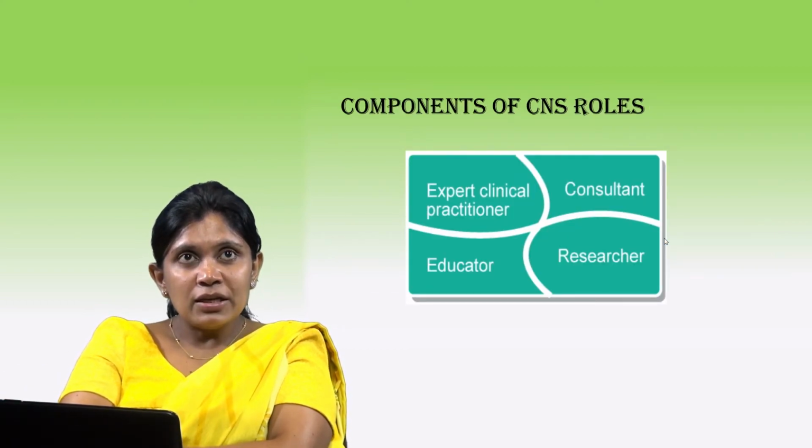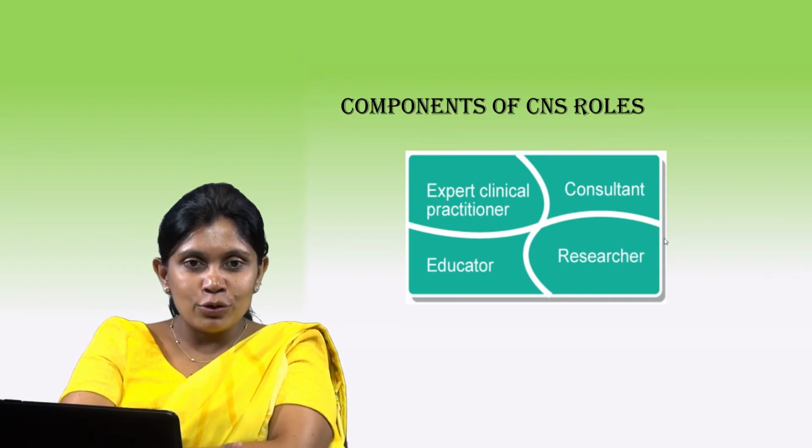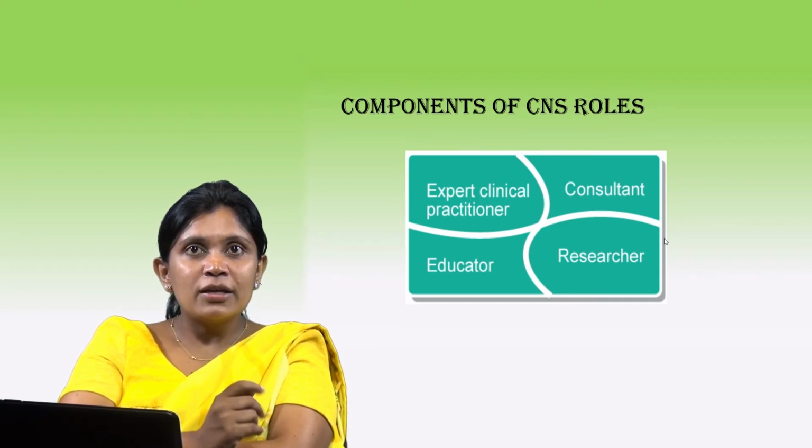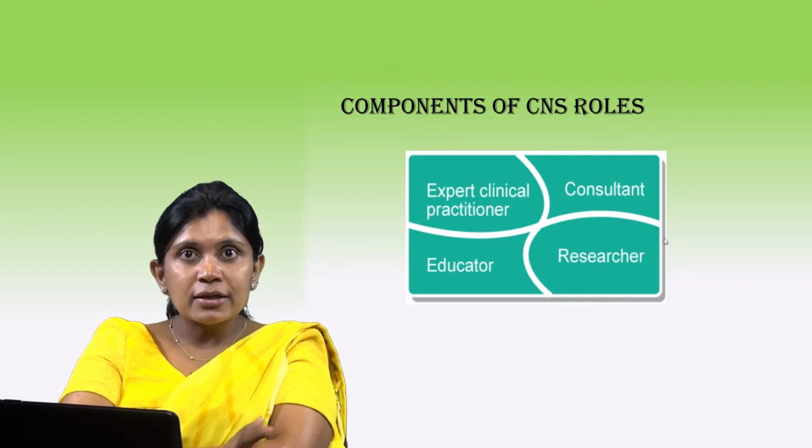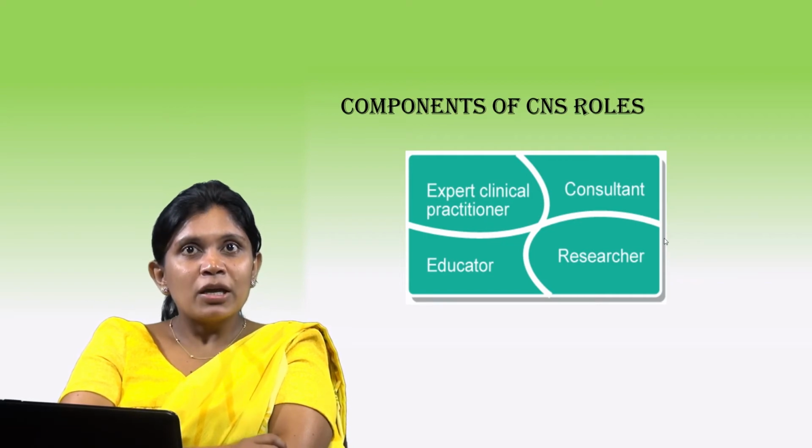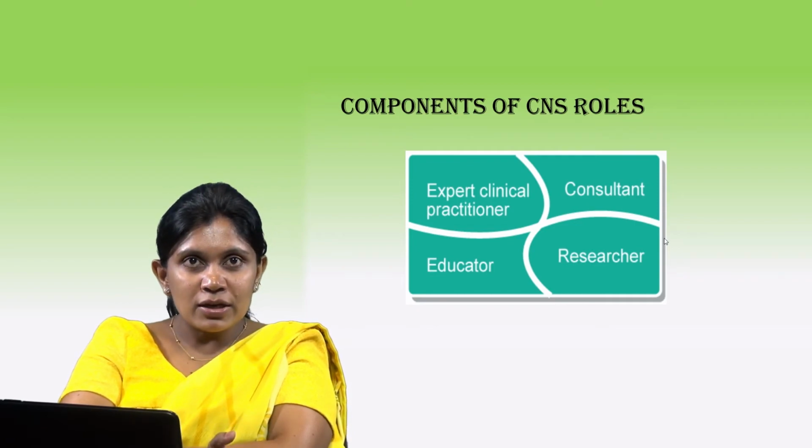And especially, we have to see the components of the clinical nurse specialist role. What are the areas they are going to act in? First, expert clinical practitioner. No doubt, for the nursing activities that they need to perform, they should be expert in that area. As a consultant, they collect the history, give advice, sometimes go ahead with procedures and activities, and do health education.